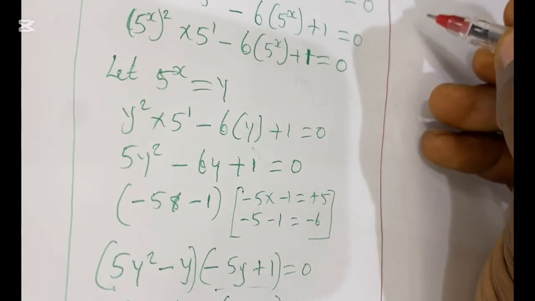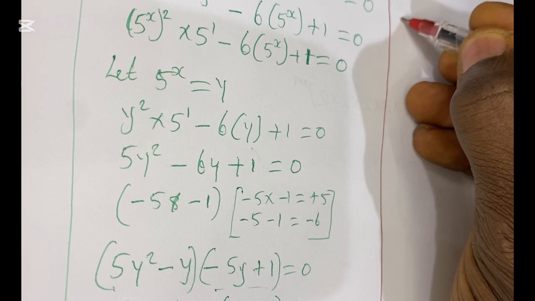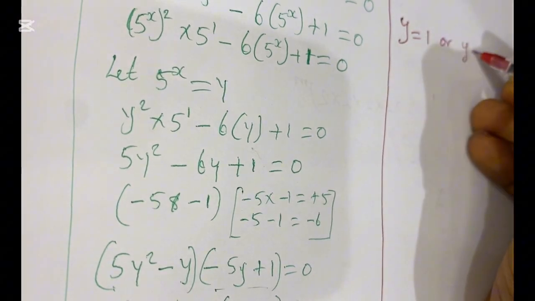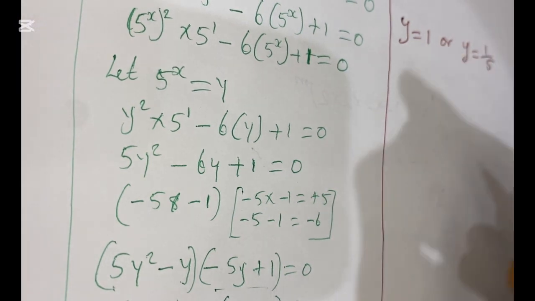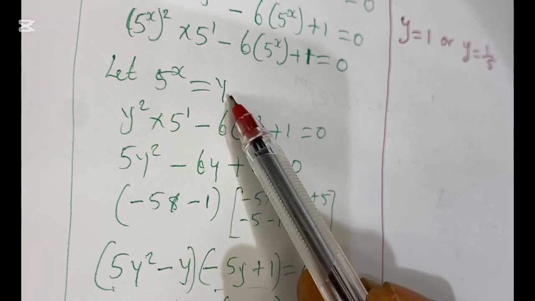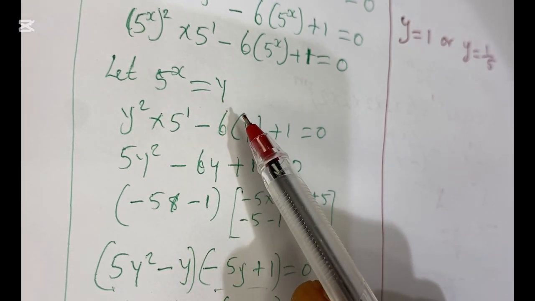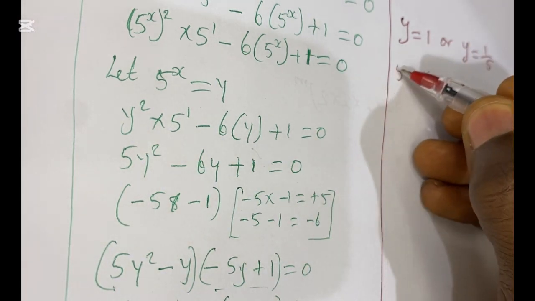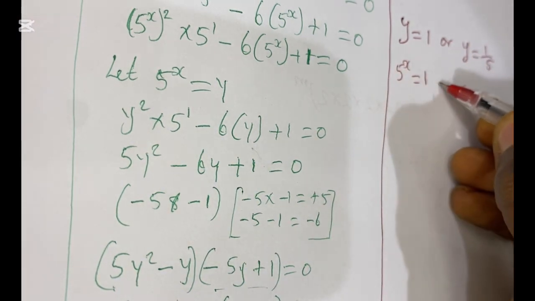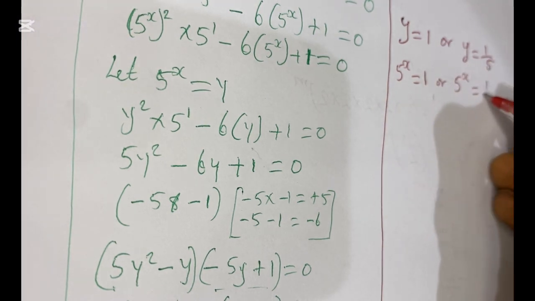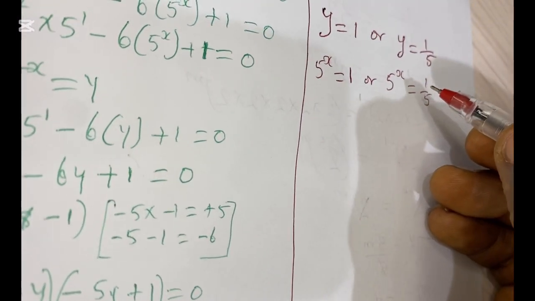So what that means is that we now say 5 raised to the power x equals 1, or 5 raised to the power x equals 1 over 5. We are looking for x, not y.